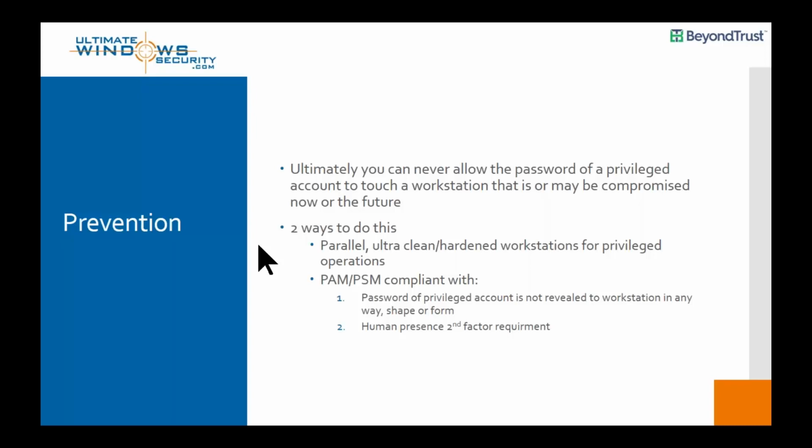So that first end user type laptop, or we could call it the dirty laptop, is really used for everything. It's not about using it for dangerous activities. It's about using it for everything except those operations that truly require admin authority. And that's where the other clean, hardened laptop comes into play. And this is nothing new, right? We've been talking about giving admins two laptops for a long time.